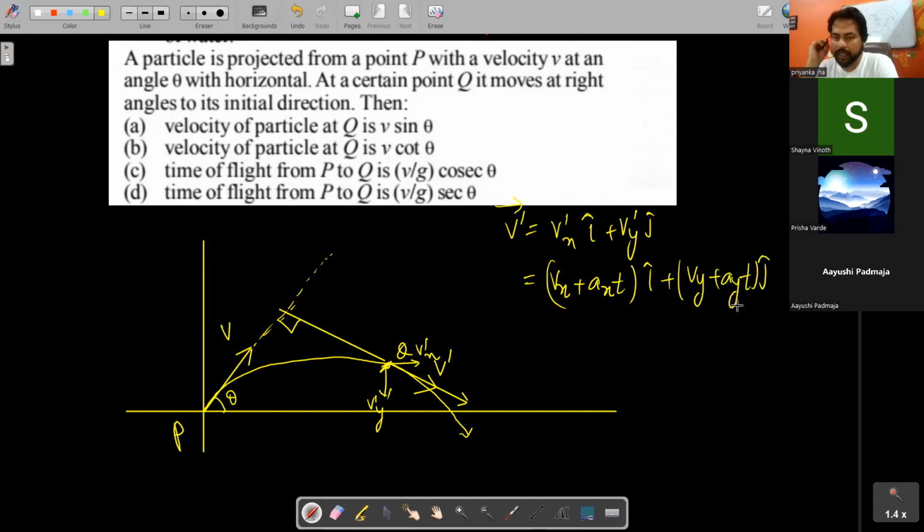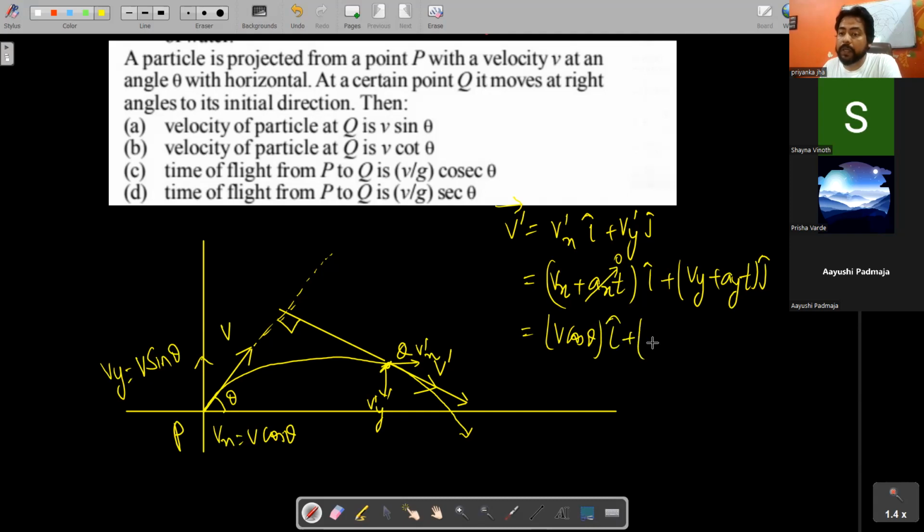V equals u plus at, correct? And what was Vx? Vx would be V cos theta. And what would be Vy? That would be V sine theta. Put over here. Vx would be V cos theta, and there is no acceleration along x-axis, so this is 0. So this is simple. i plus, what is Vy?